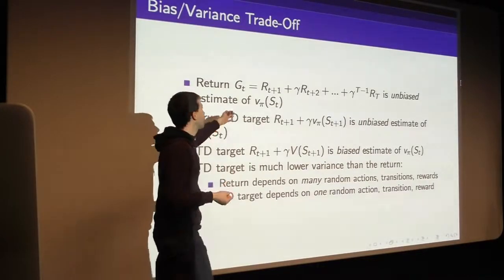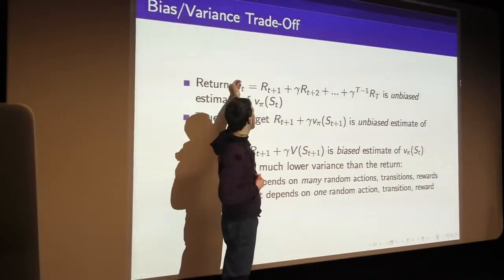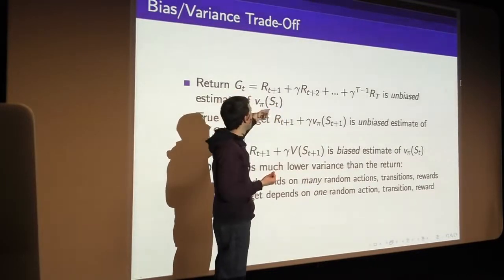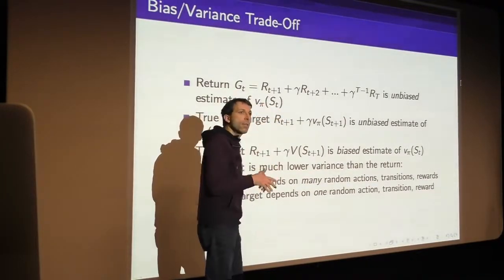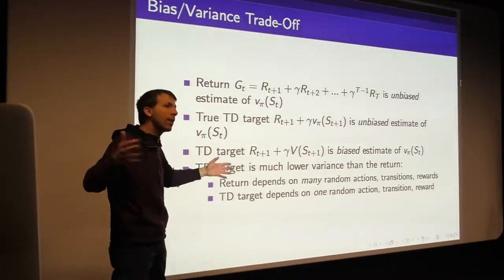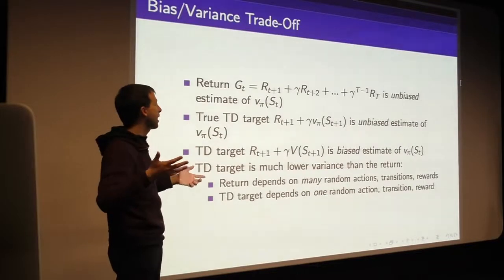The definition of value is the expected return, so this is just a sample of this expectation. If we update towards the return, we're not introducing any bias. The law of large numbers will take effect, and we'll find the true value function.